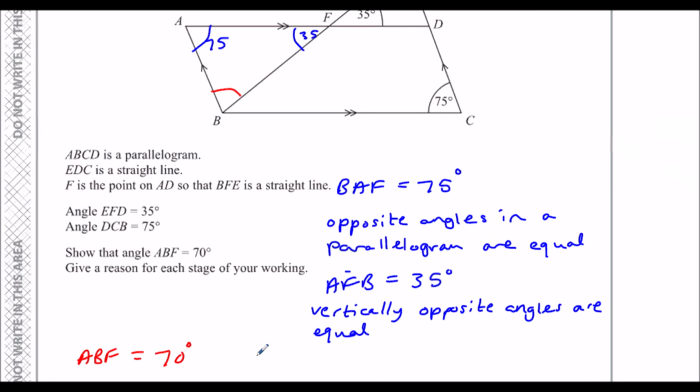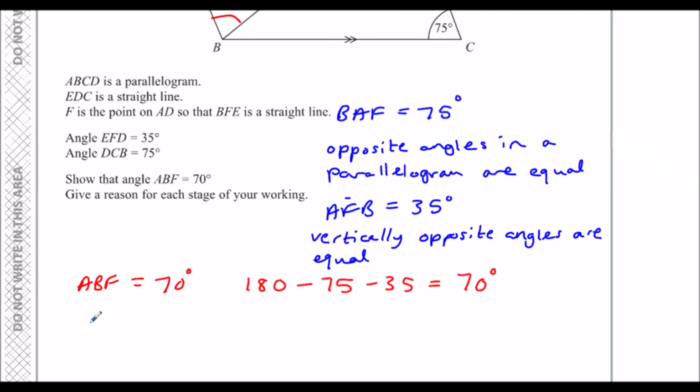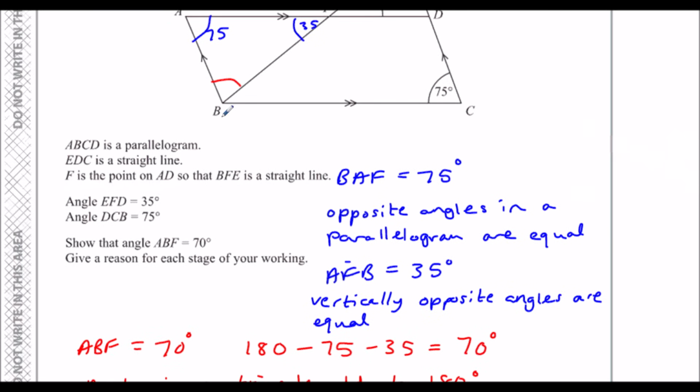And that's because 180 take away 75 and take away 35 equals 70 degrees, and angles in a triangle add to 180 degrees. So we've got a triangle here. The angles must add up to 180. We've got 75 and 35, which means the other angle must be 70.